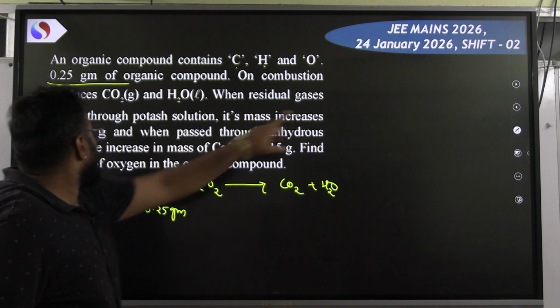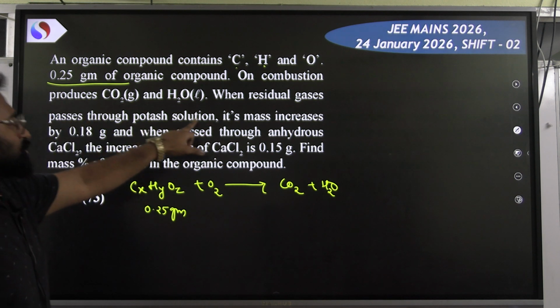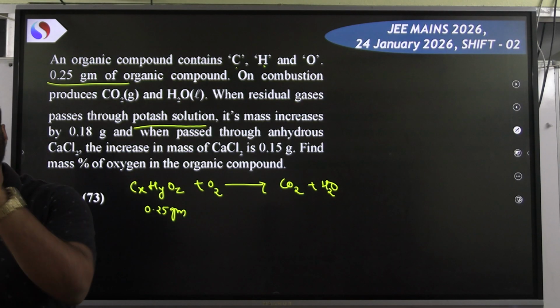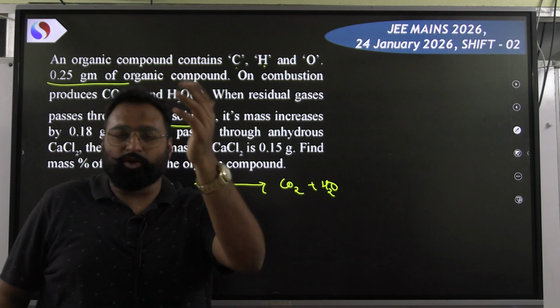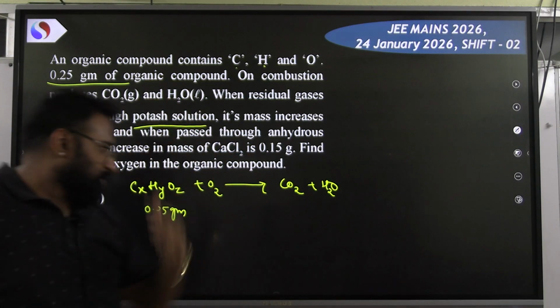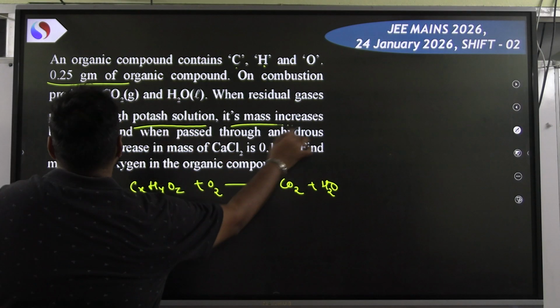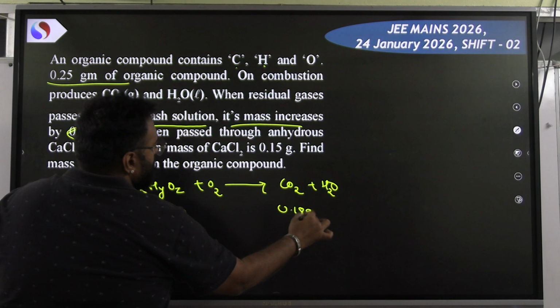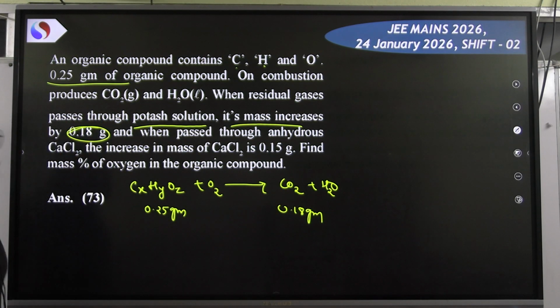When the residue gas is passed through potash solution, KOH solution, it means we are talking about CO2 gas. Why? Because CO2 gas is absorbed by KOH solution. So mass increases by 0.18 gram. So 0.18 gram will be mass of CO2.